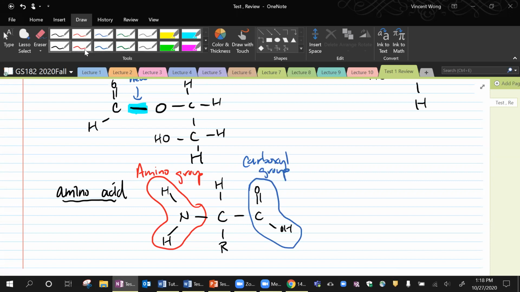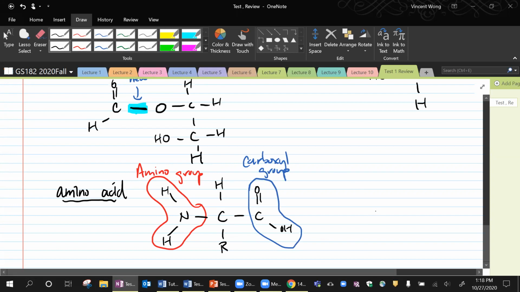So if you take one amino acid and put it next to another amino acid, this is R2, this is R1, because the R is what distinguishes them.